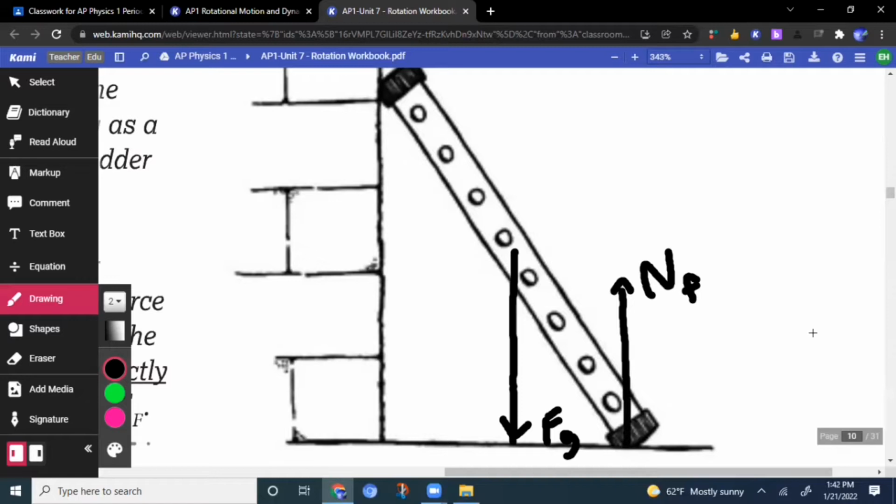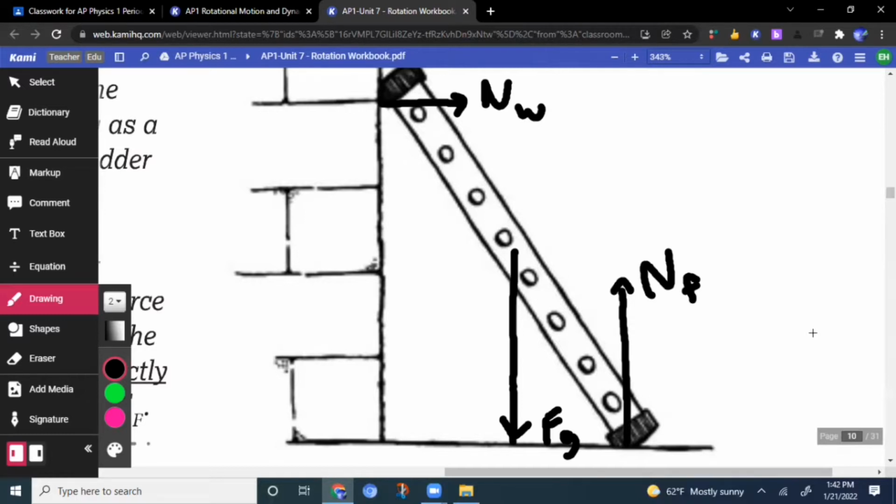Now, what other forces are acting on this thing? N sub W, so normal force from the wall. By the way, have you noticed? Gravity's longest, second longest is this, third longest is that, which means friction has to be the shortest arrow, huh? How do you draw friction?